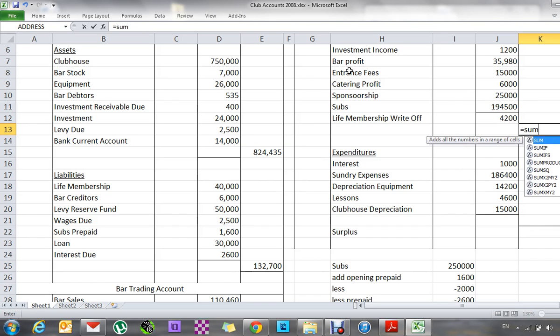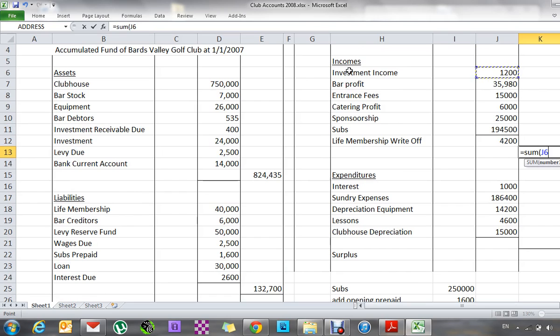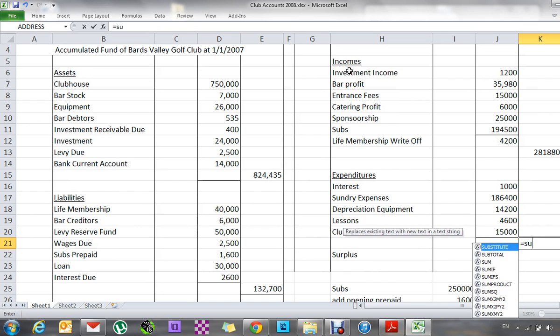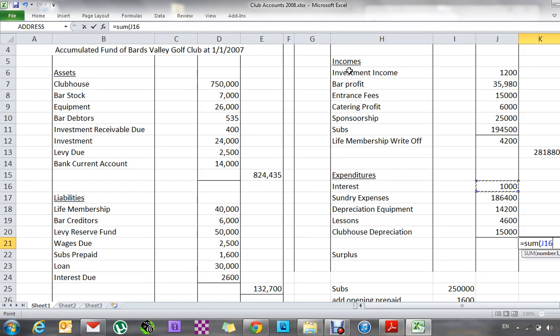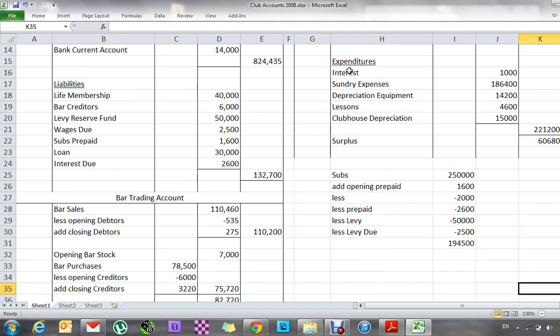So add up all of our incomes, we add up all of our expenditures, and then we end up with a surplus. Okay, that's the basis of how to do it.